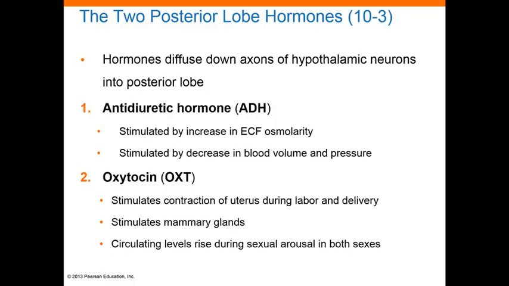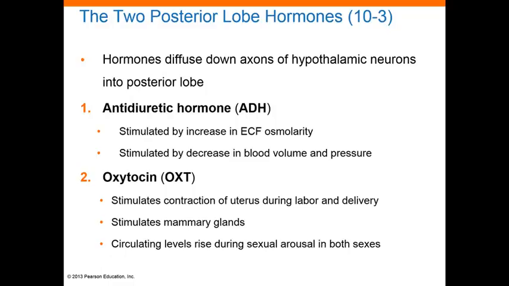Antidiuretic hormone, also called vasopressin, is stimulated by an increase in extracellular fluid osmolarity, or a decrease in blood volume and pressure. The primary target is the kidney, and the goal is to decrease water loss. One of its effects triggers vasoconstriction to increase blood pressure.